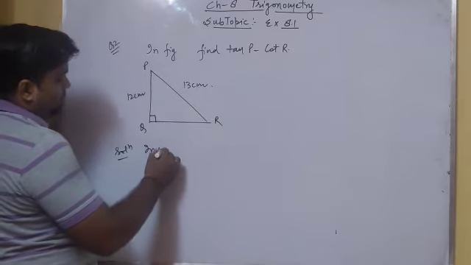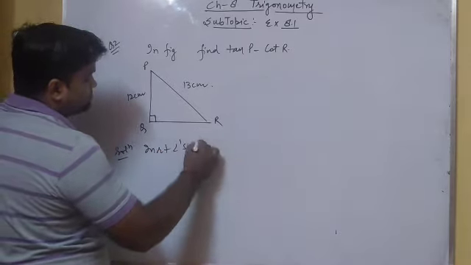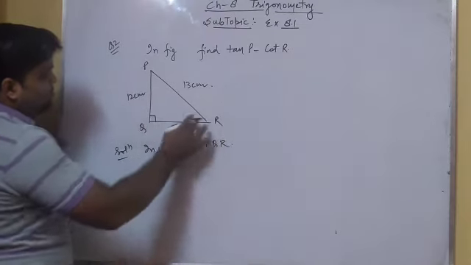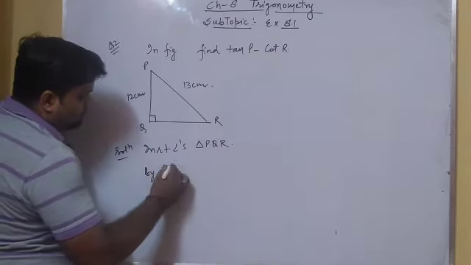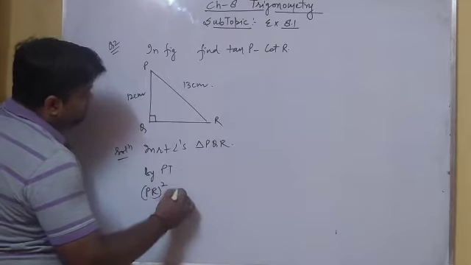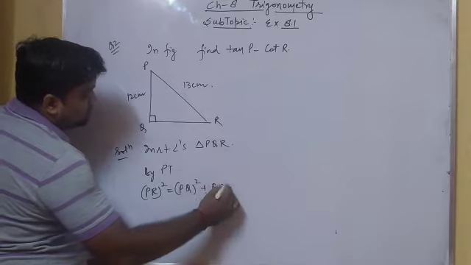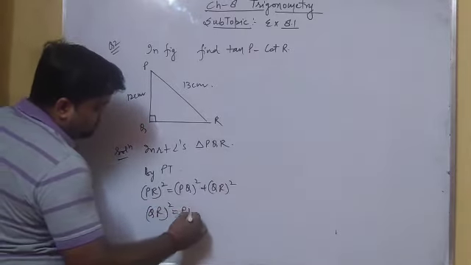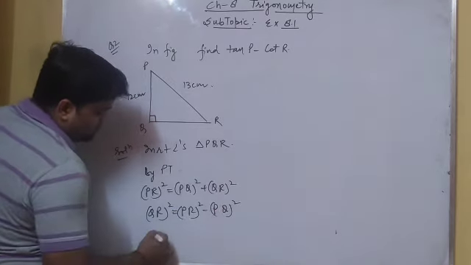Now in right angle triangle PQR, first we find QR. By Pythagoras theorem we know that PR square is equal to PQ square plus QR square, or we can say QR square is equal to PR square minus PQ square.